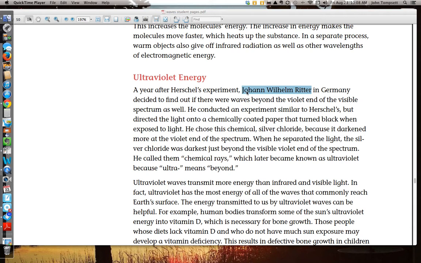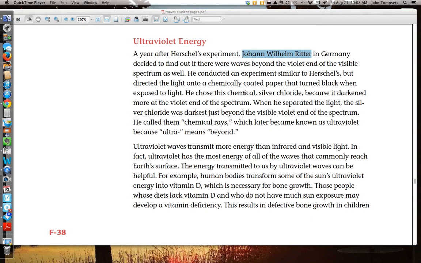He conducted an experiment similar to Herschel's, but directed the light onto a chemically coated paper that turned black when exposed to light. He chose this chemical, silver chloride, because it darkened more at the violet end of the spectrum. When he separated the light, the silver chloride was darkest just beyond the visible violet end of the spectrum. He called them chemical rays, which later became known as ultraviolet because ultra means beyond.